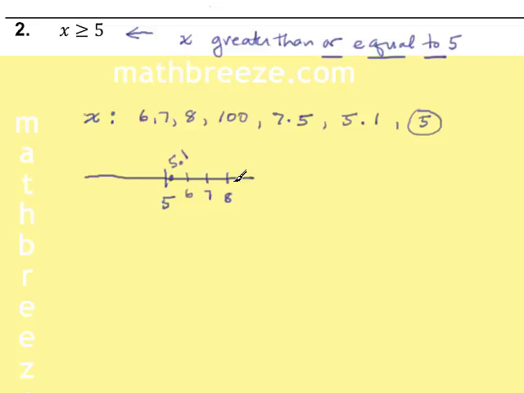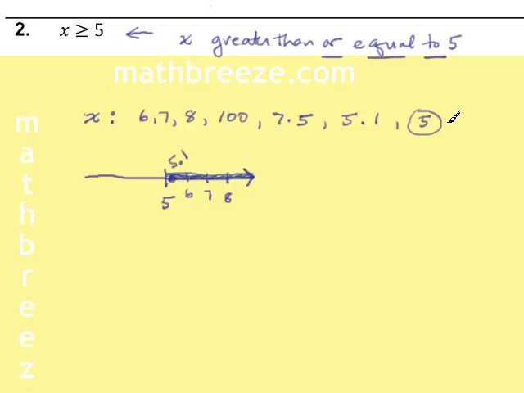So basically all numbers to the right of 5 are greater than or equal to 5. So remember, greater than to the right, less than to the left. Let's shade in the number line to the right, and we'll put in a little arrow indicating that the shaded area goes on forever.